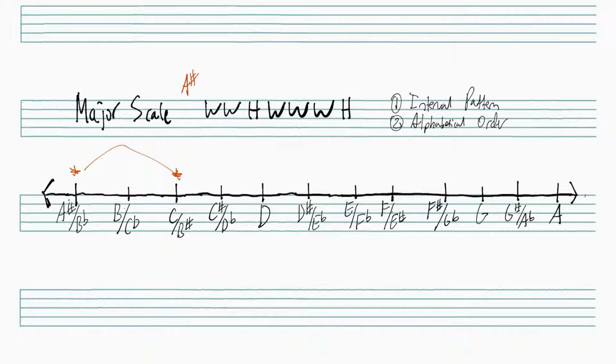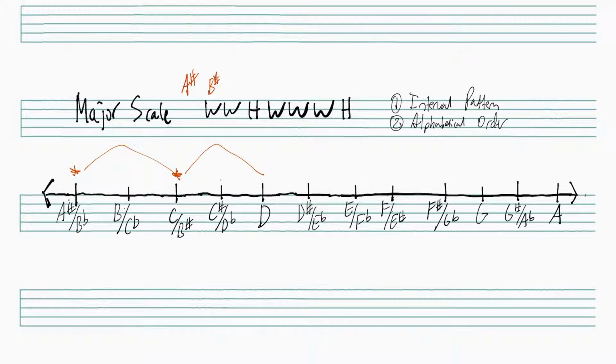So we have to make a choice since we have two options here. They're enharmonic notes. And our rule is we go in alphabetical order. So the next note that we would pick is B sharp, because C would break alphabetical order, would be skipping the letter B. So next we have an interval of a whole step. Well, if we follow our note ruler here, we would skip over the C sharp D flat, because that's just a half step.